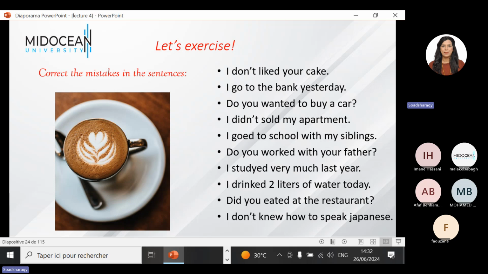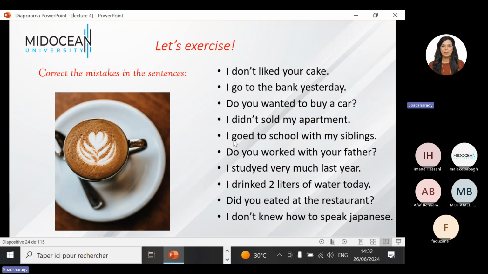So look at the verb. Sold. Can we say "I didn't sold"? Of course, no. Here we use the infinitive form of the verb. We say "I didn't sell," because you have the auxiliary verb did here. I didn't sell my apartment. Okay?